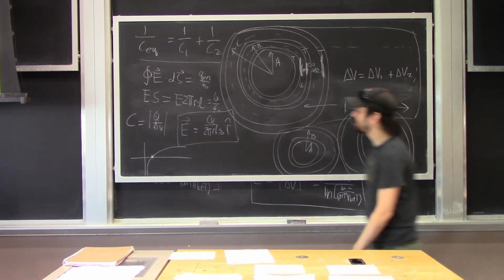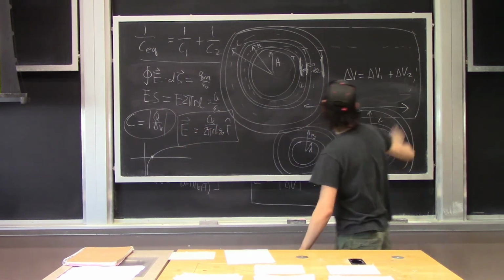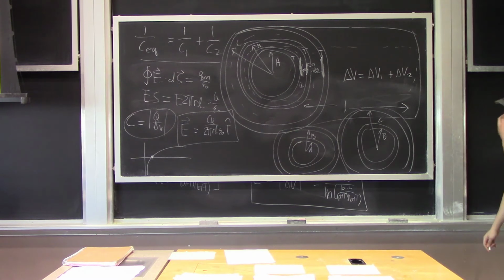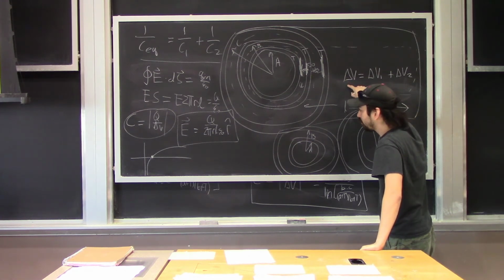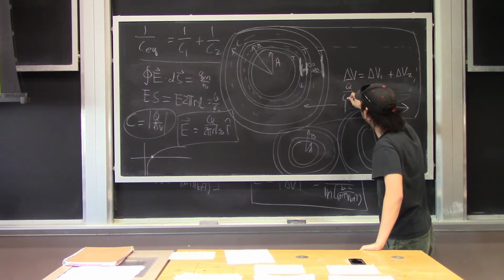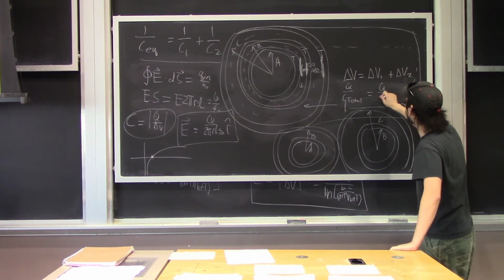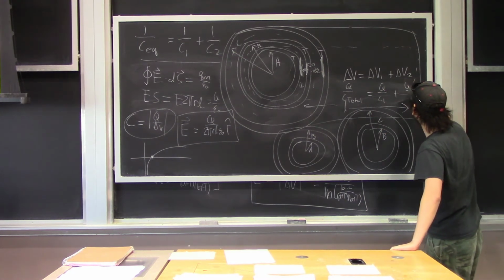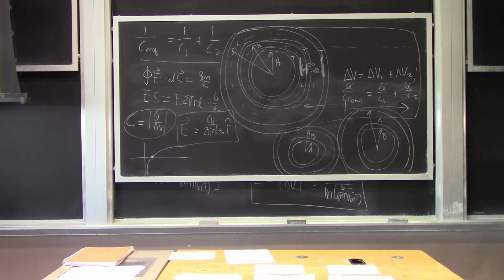And then applying the definition of the capacitance, we can plug in the charge divided by the capacitance for each one of these, and so this says that Q divided by C total is going to be equal to Q divided by C1 plus Q divided by C2, and then these will cancel, and that's where this equation is going to come from.